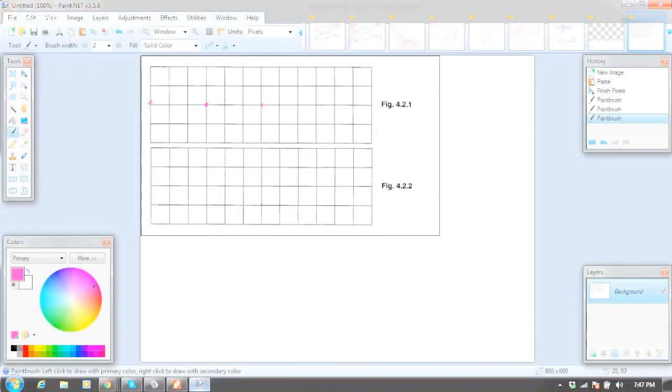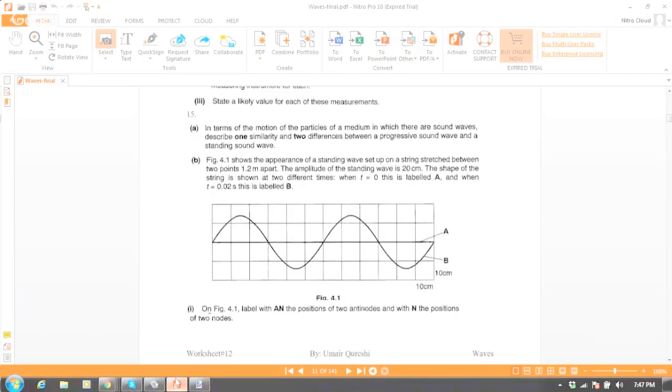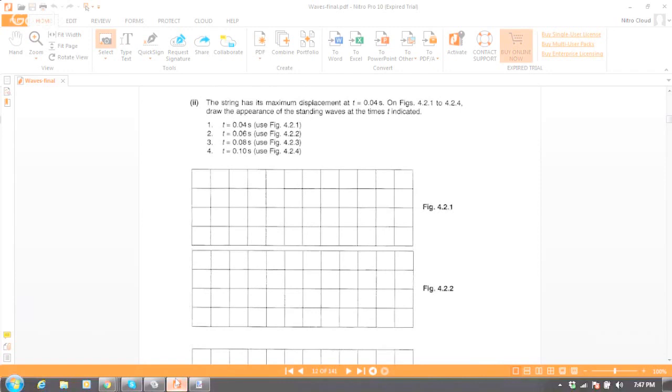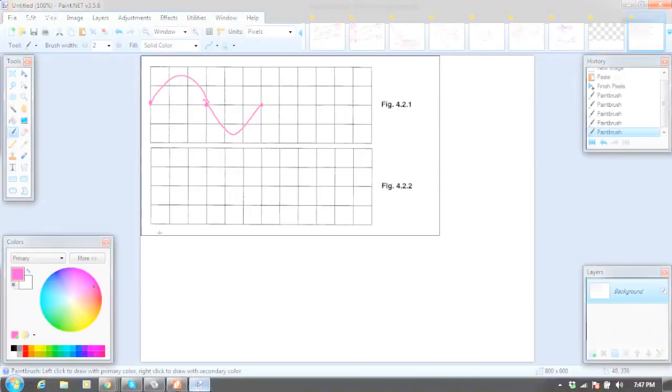So at 0.04 seconds it is somewhere here. It is like this. So the next part is, I myself said that it has a maximum displacement, so at 0.06 it will be at the center. It will be at the mean position, because the previous diagram told us that it takes 0.02 seconds to go from mean to maximum.